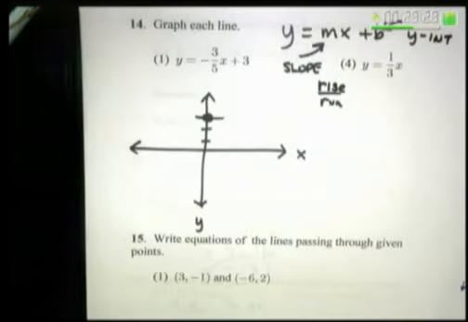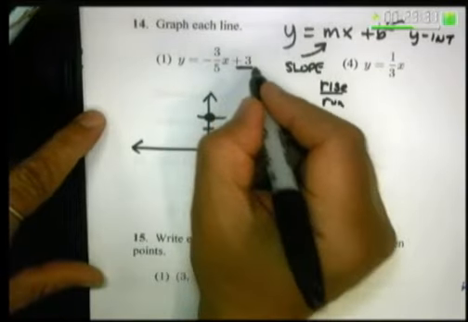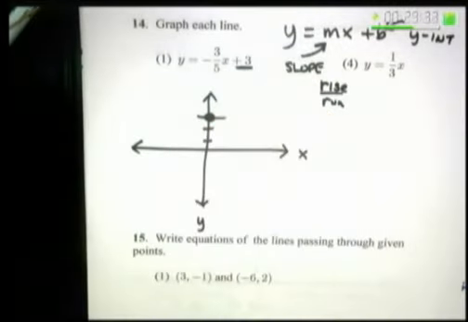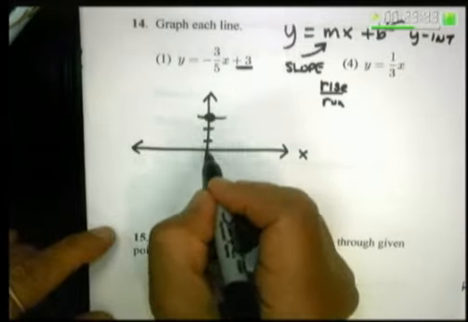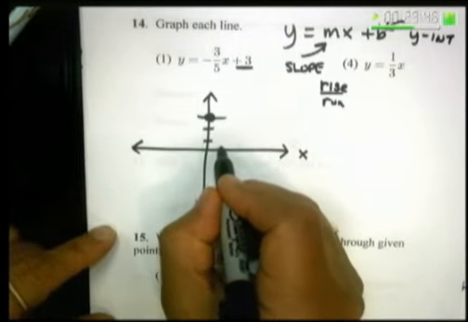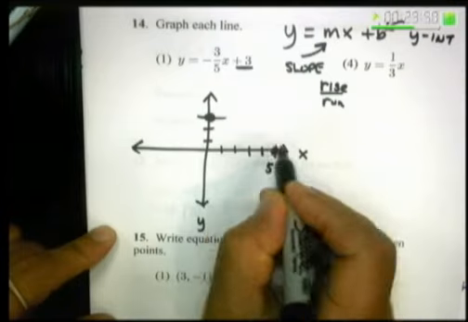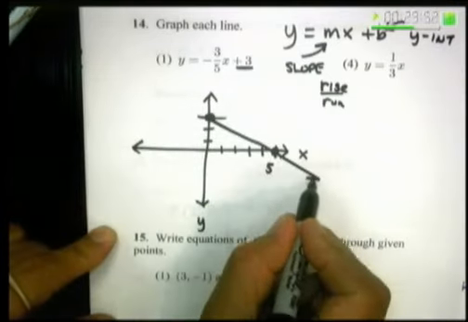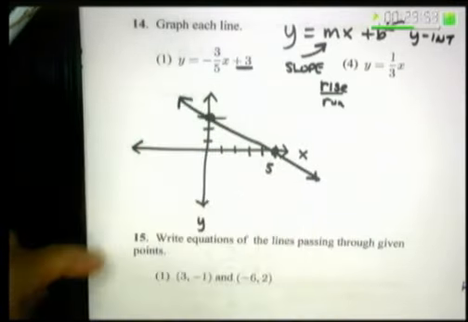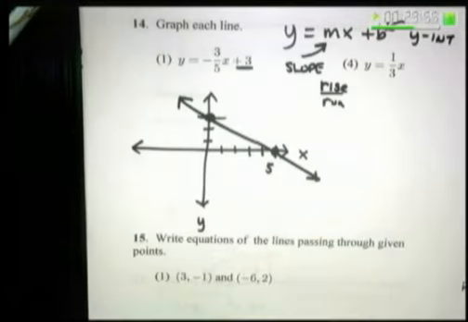Now my slope is -3 over 5, which means my rise over run is down 3, 1, 2, 3, and over 1, 2, 3, 4, 5. I'll put another point. And there's my line.